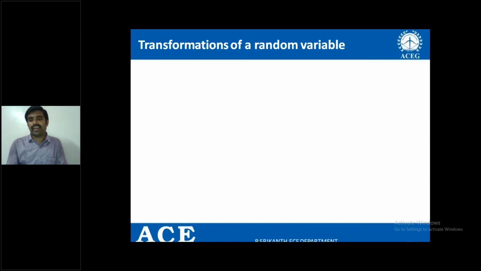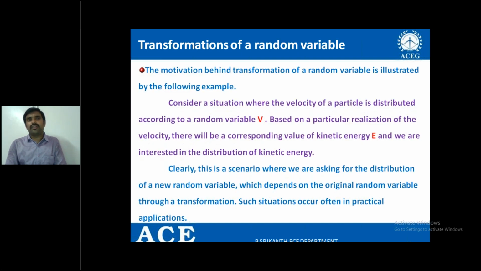Why do you require it actually? First, the motivation behind the transformation of a random variable. One example is given here. Let us take the illustration. What is the motivation required? Motivation behind the transformation actually. Consider a situation in real time where the velocity of a particle is distributed according to the random variable v.